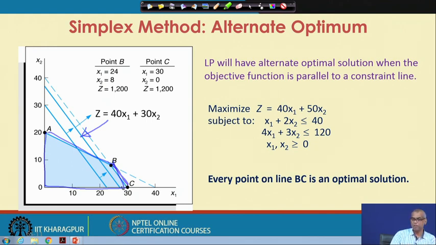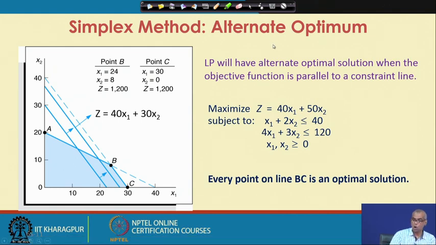It means that every point on line BC is an optimal solution. So, you have an alternate optimal solution.